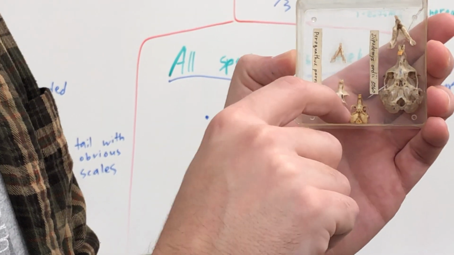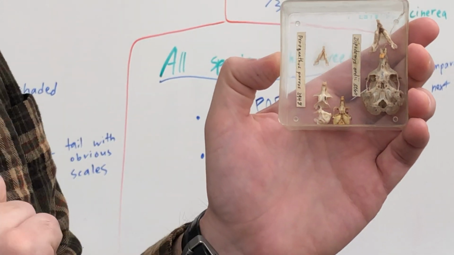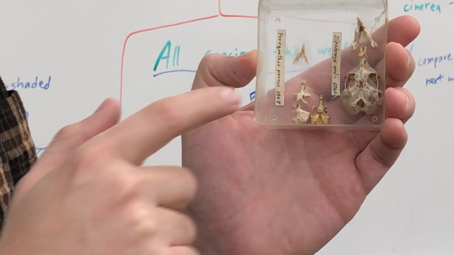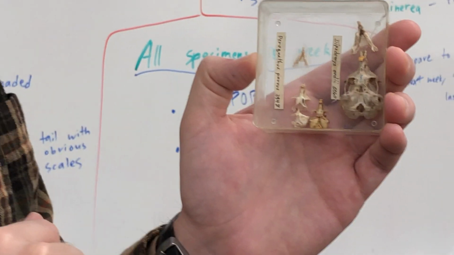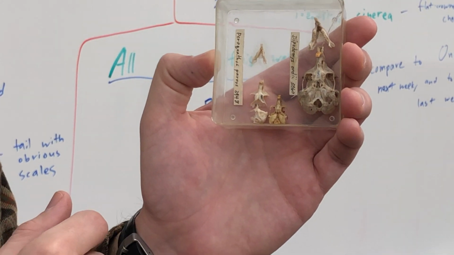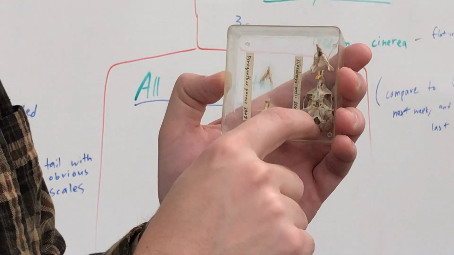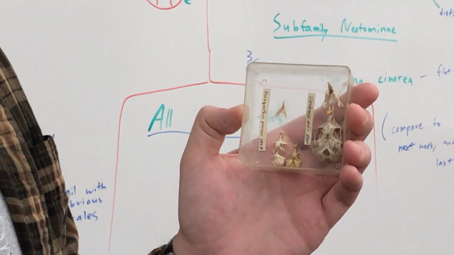Here, that bit behind the auditory bullae is quite large. If you compared it to another mouse, that bit of the skull is quite large, but it's still not overflowing in how enormous it is. Versus here, you just see how huge it is.